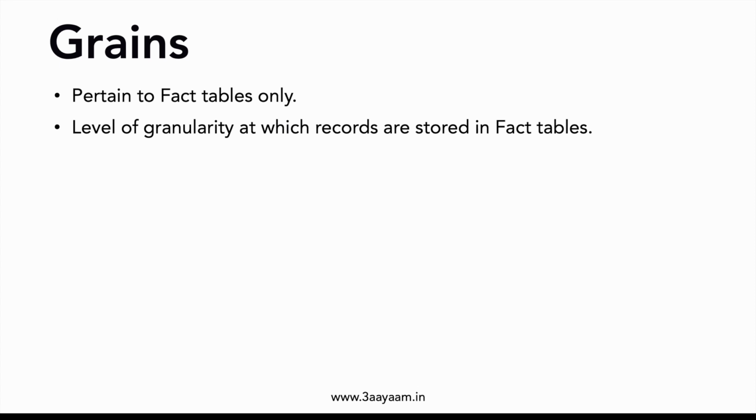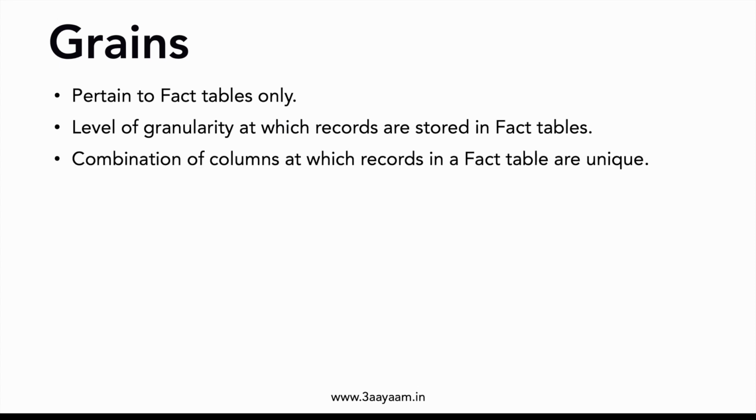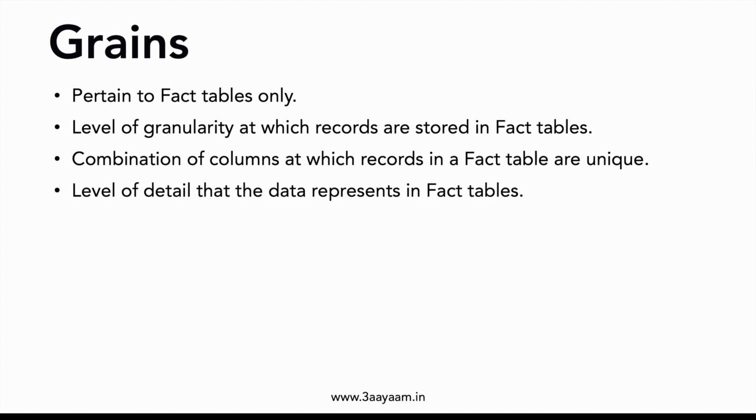This is the definition of grain. Also, if you have to simplify it, it is a combination of columns at which records in a fact table are unique. If I extend or simplify the definition further, it is the level of detail that the data represents in the fact table, or again the granularity of the fact table.